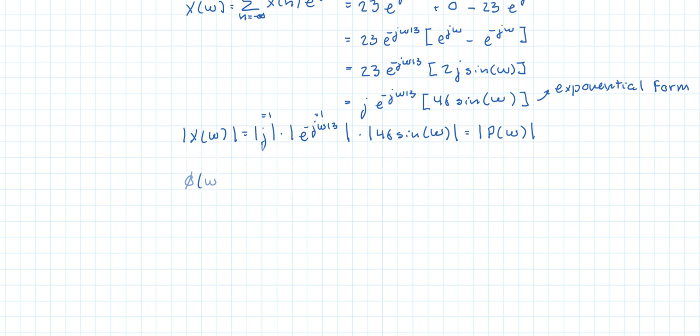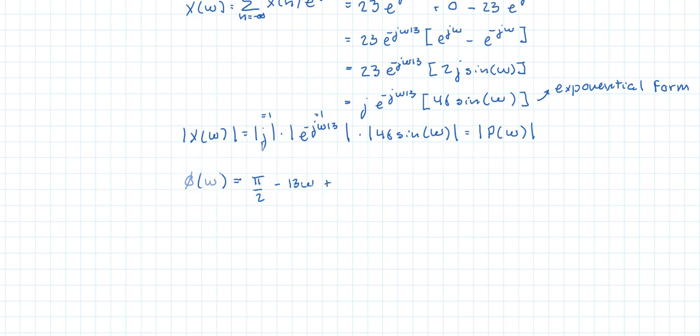Phase of omega is equal to the phase of j, which is pi over 2. And then we have not plus, but minus 13 omega, which comes from the exponential term.